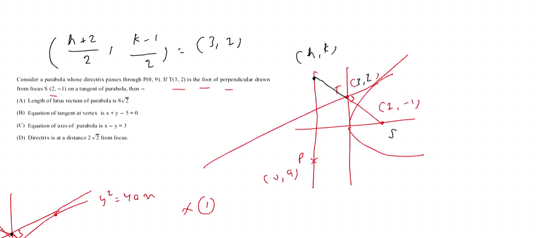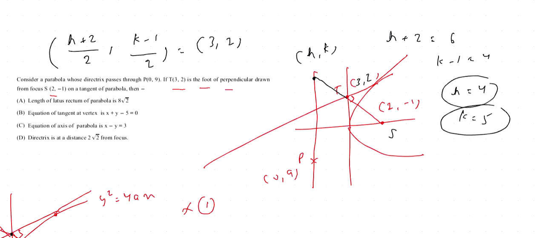That implies h plus 2 is equal to 6 and k minus 1 equals 4. So we got h equals 4 and k equals 5, a point 4 comma 5.